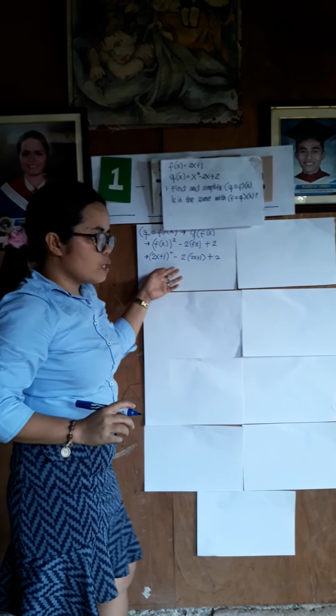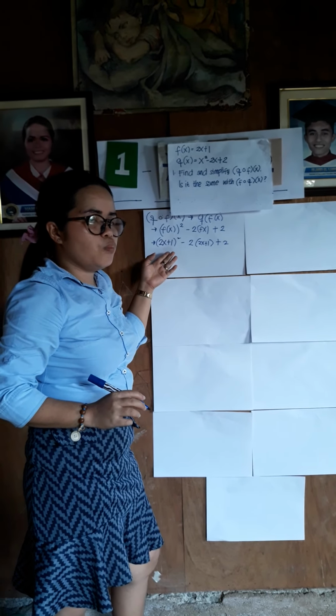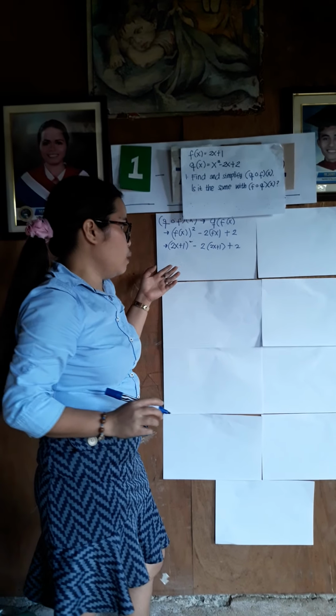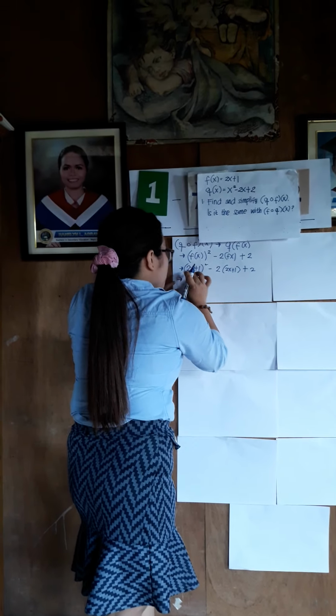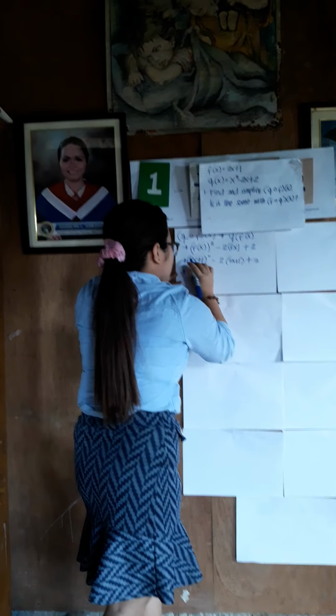What do you do if you have a binomial multiplied by the same binomial? Square the first term, which becomes x squared, plus twice the product of the first term and the last term, 2x, plus the last term squared, 1. Minus, copy this, 2 times x is 2x, negative 2 times 1 is negative 2, plus 2.